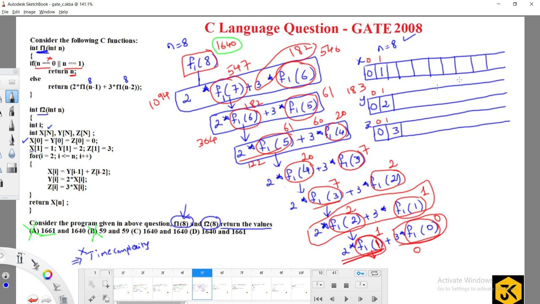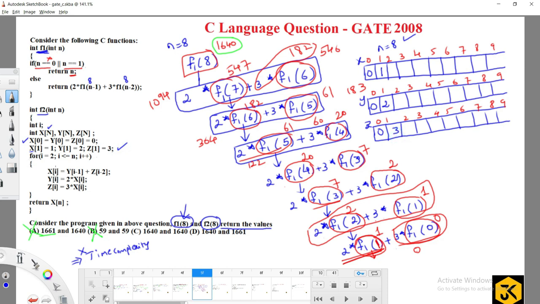So let me write the index positions also: 0 1 2 3 4 5 6 7 8 9. Okay, fine. Now this step is done, right? Z of 1 is 3, I hope you know, right?